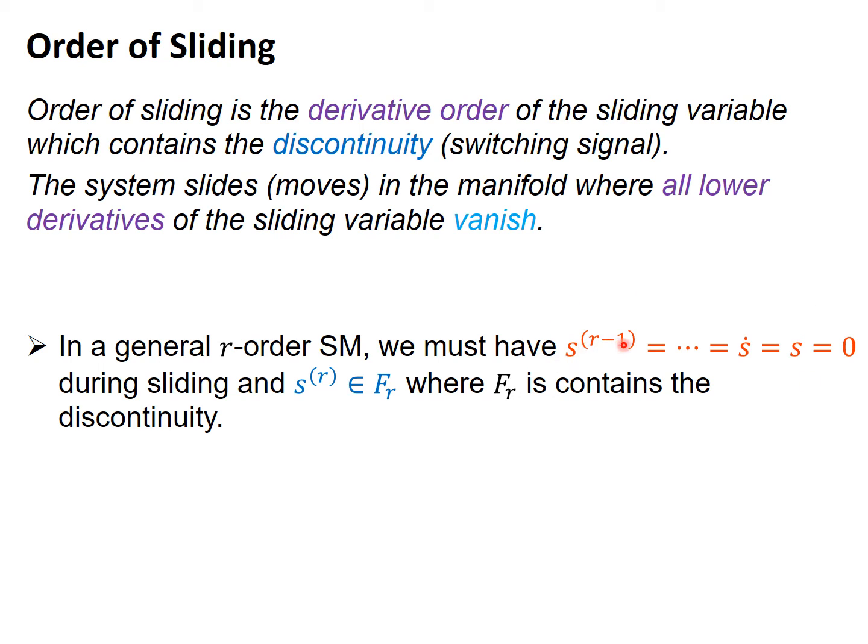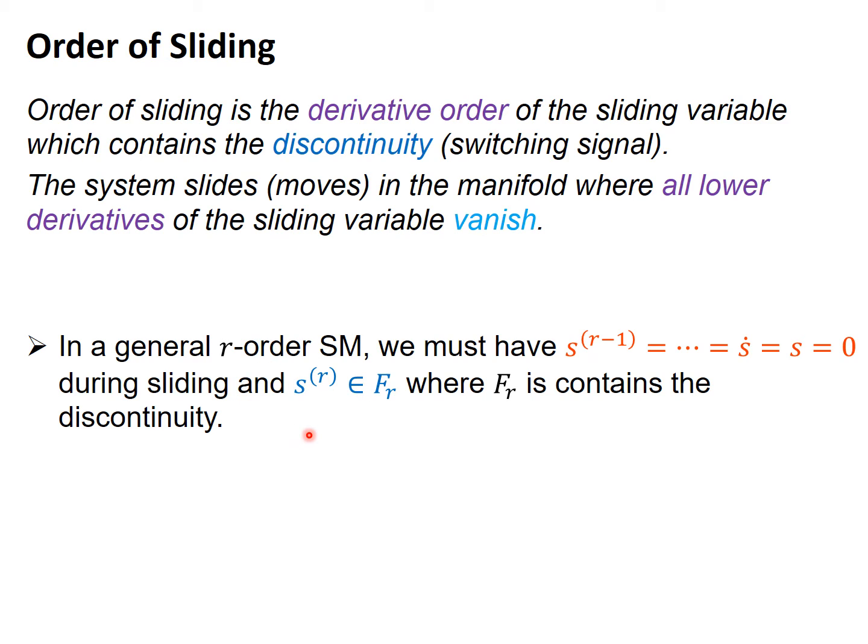So, the r minus 1th derivative of s and all the lower derivatives down to s are all 0 in this manifold. So, this is the general r order sliding mode.